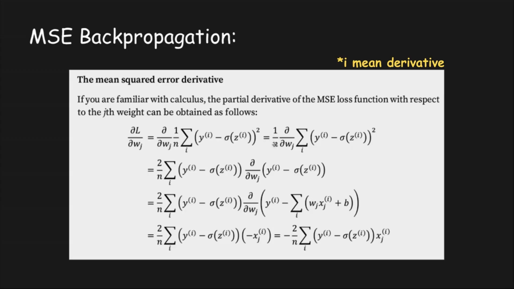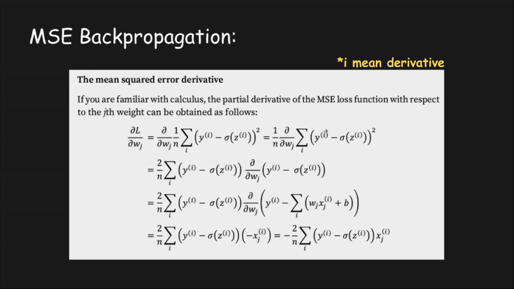First we take the constant out, which is 1 upon n, and now when we differentiate this we apply the chain rule. How do we do that? This here can be considered as some value u. Now think of this as the derivative of u squared.